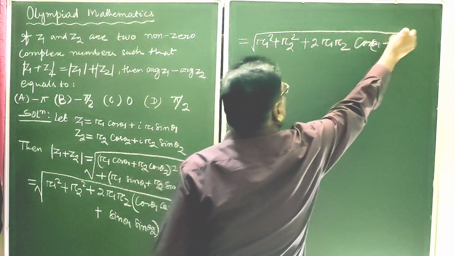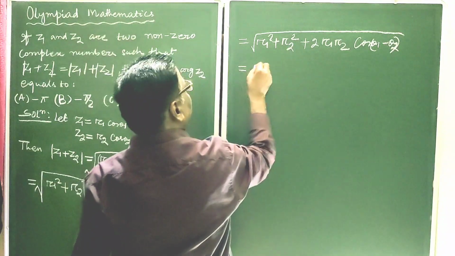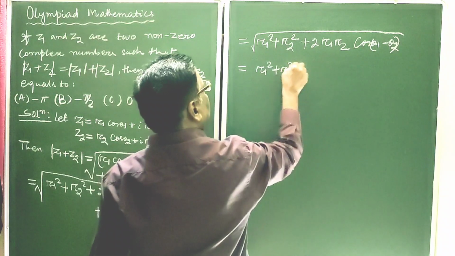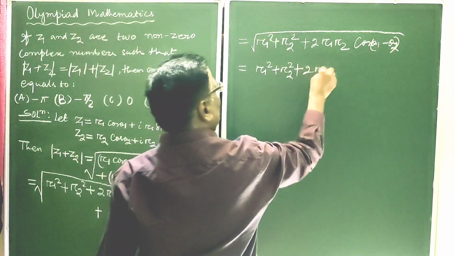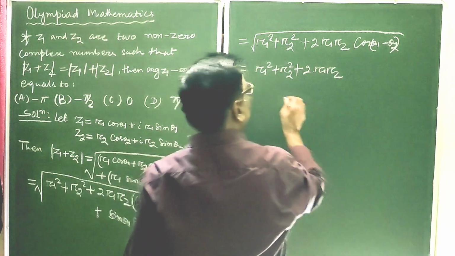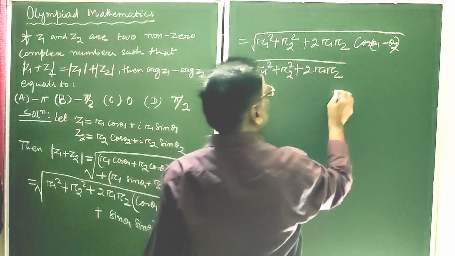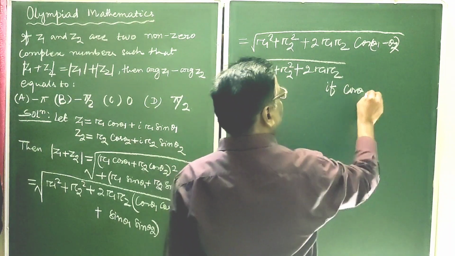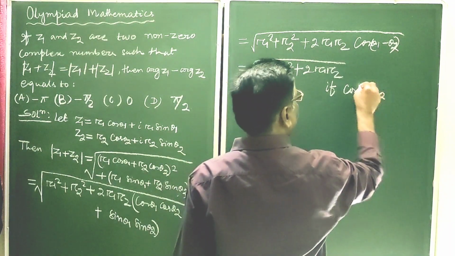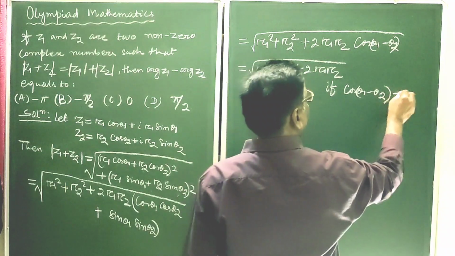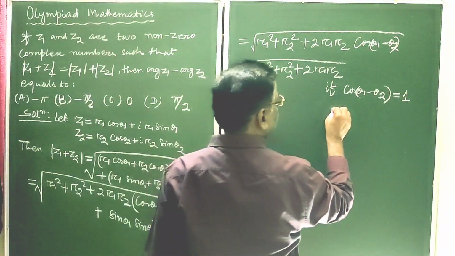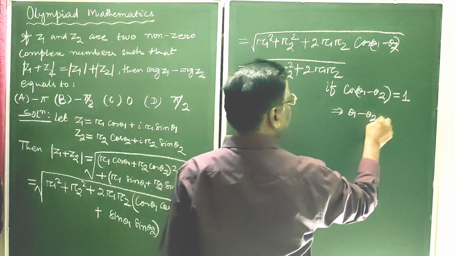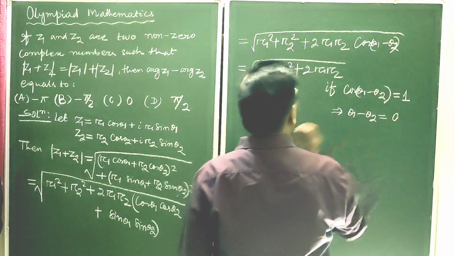This will be equal to the square root of R1 square plus R2 square plus 2 R1 R2 if cos theta 1 minus theta 2 is equal to 1. This implies theta 1 minus theta 2 is equal to 0.